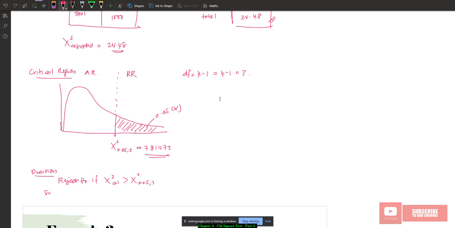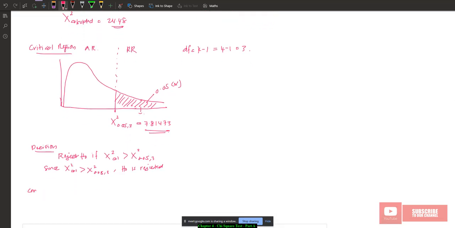So since chi-squared calculated is 24.4, which is somewhere here, is more than chi-squared with 3 degrees of freedom, so we reject H0. Right?